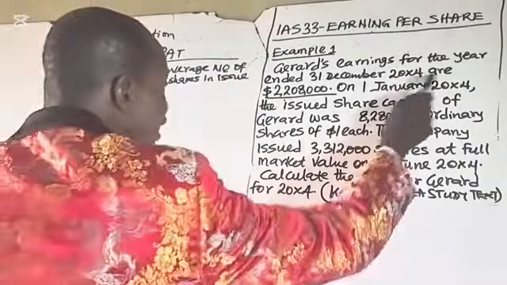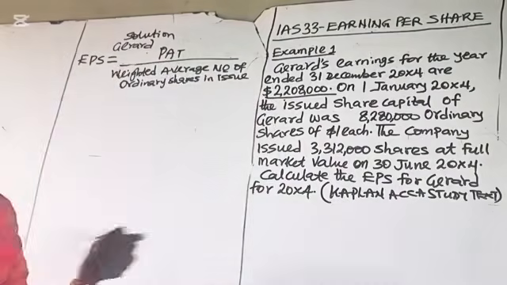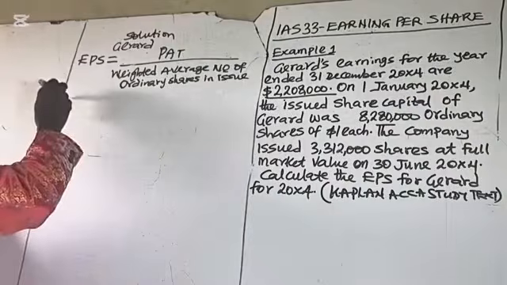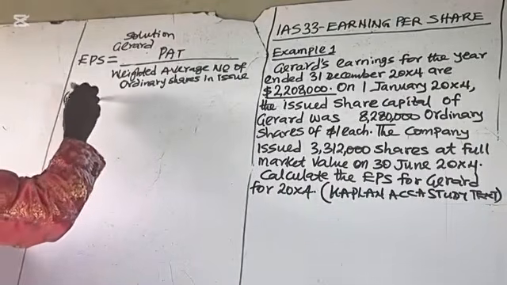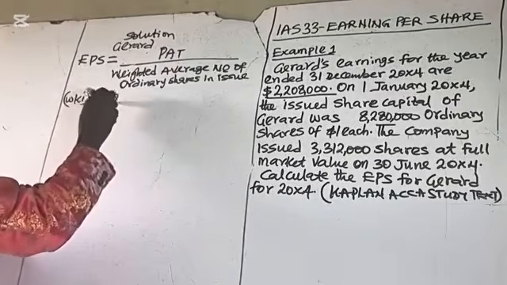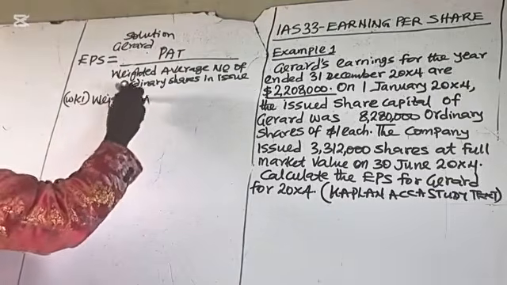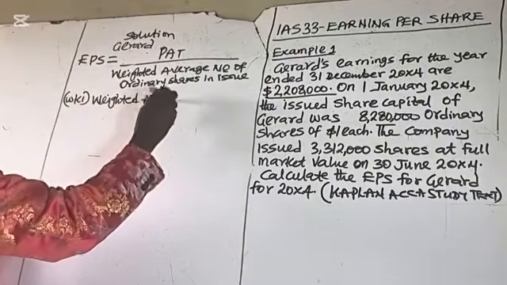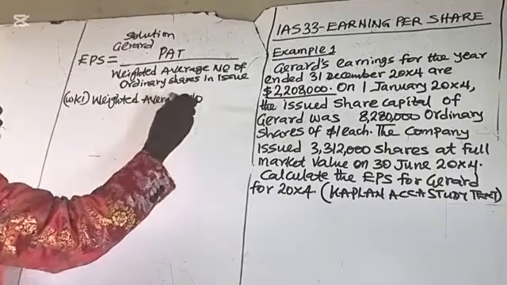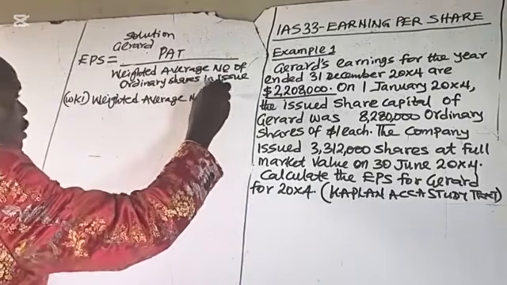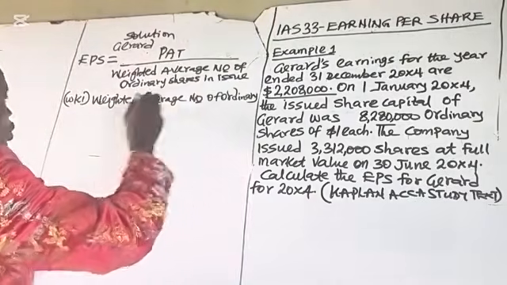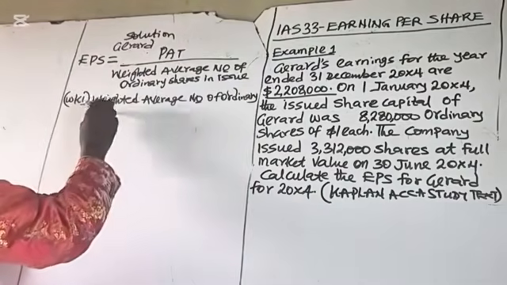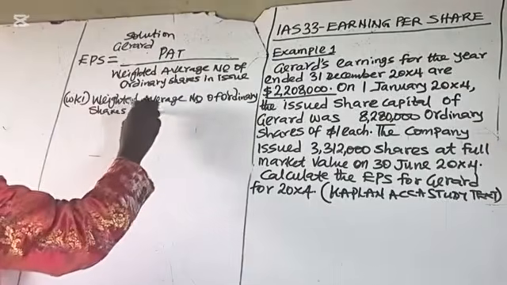On January 20x4, we want to calculate the weighted number of ordinary shares in issue. Working 1: Weighted average number of ordinary shares in issue.